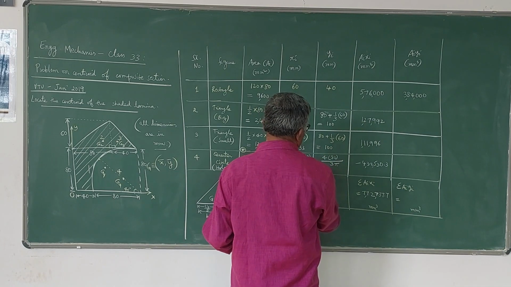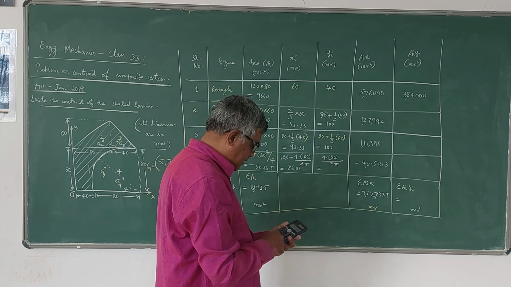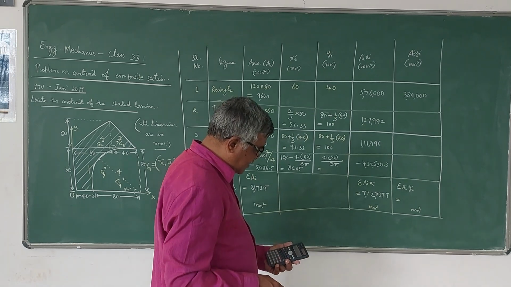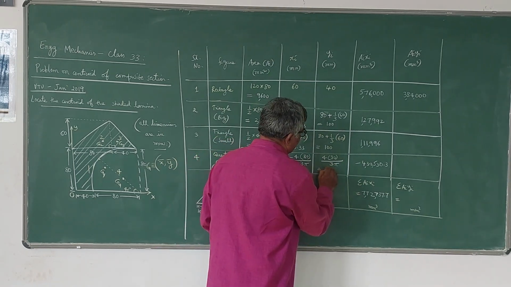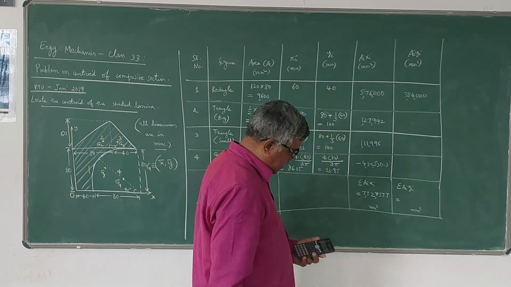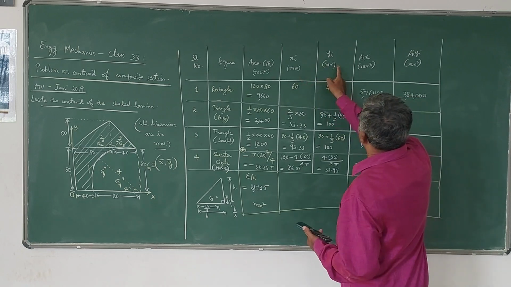Then this is 4 into 80 divided by 3 pi, which is 33.95. Yes.